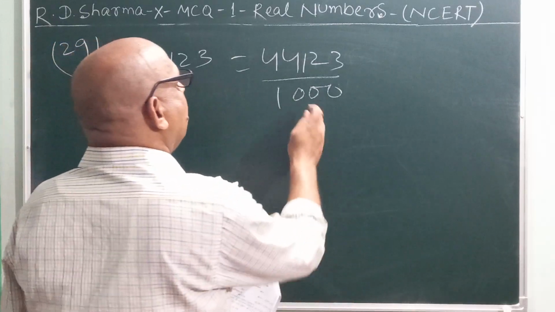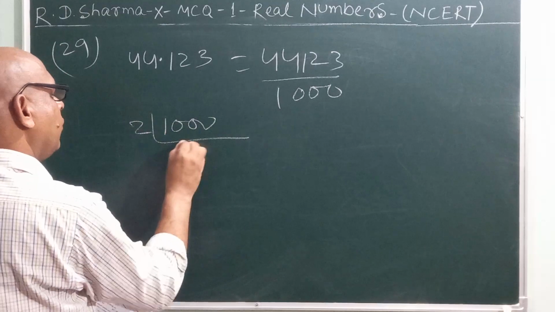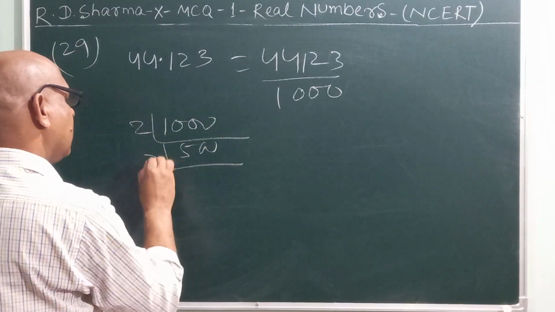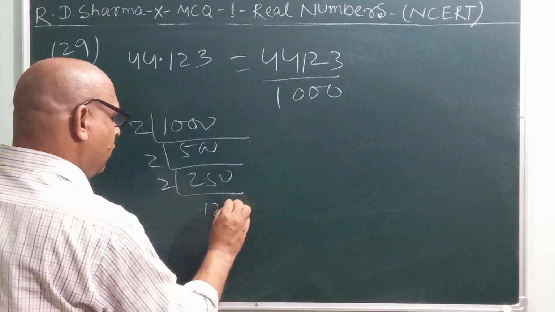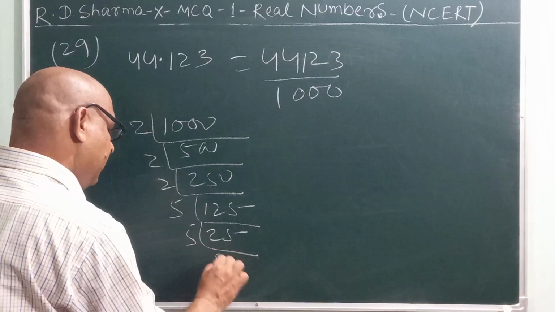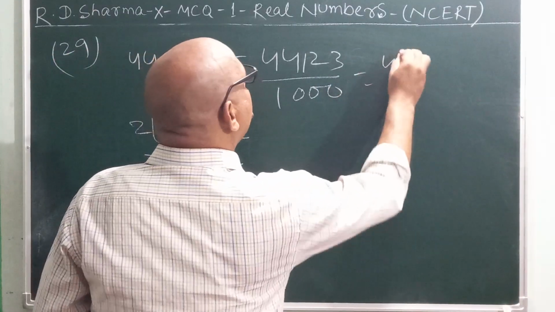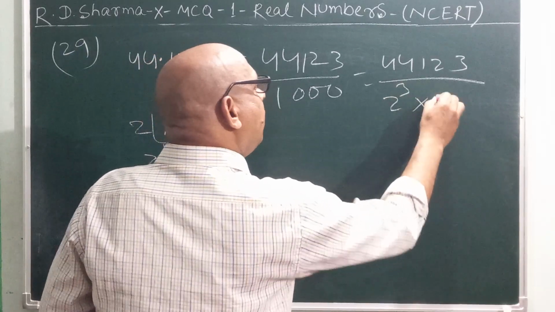Prime factors of 1000: 2 into 500, 2 into 250, 2 into 125, 5 into 25, 5 into 5. So it equals 44123 by 2 cubed into 5 cubed.